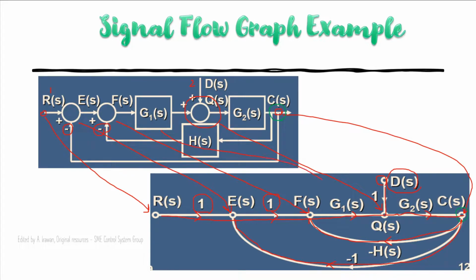So GS we put here, G1S we put here, and G2S we put here, because G2S is between QS and CS, G1S is between FS and QS. And for the HS, we put HS on this loop as a negative gain because this operation is a negative, right?